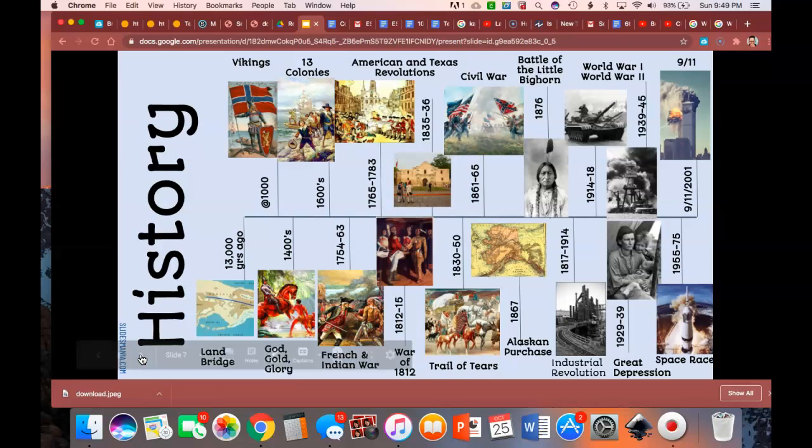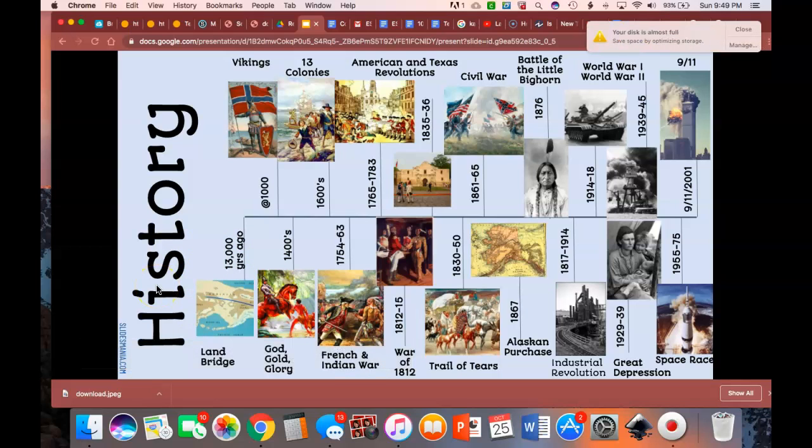So here's a little bit of our history. We kind of started back 13,000 years ago, when the land bridge was crossed. 1000 years ago, Vikings. 1400s, gold and glory.